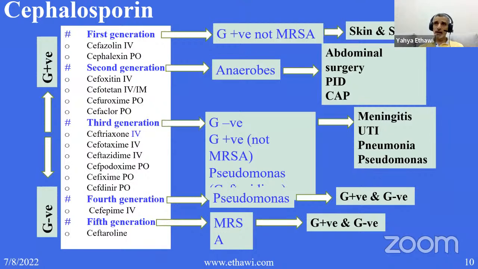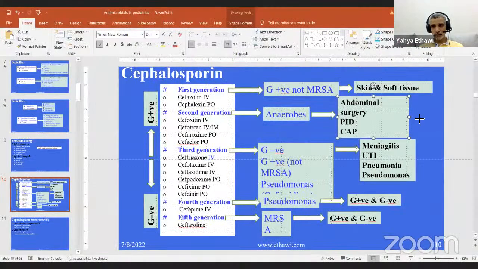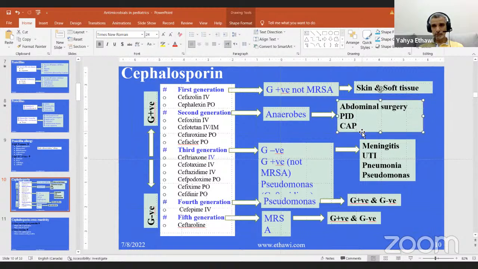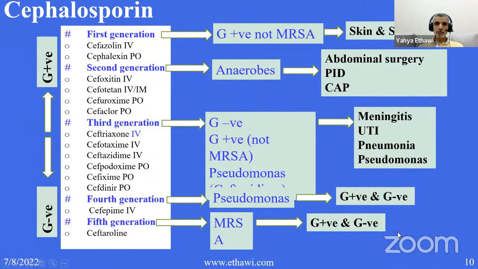And therefore, they are very good in infection that is deprived of oxygen, such as abdominal surgery. Also pelvic inflammatory disease, and they are very good against community-acquired pneumonia.